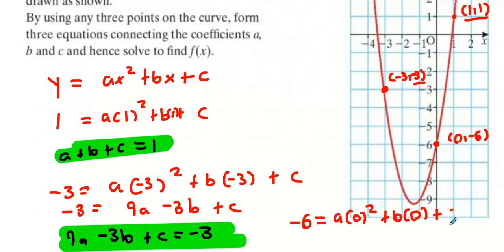Here's a trick, lads. If you can pick a 0, always pick it. Do you get what I'm saying? If you have the choice of 5 or 6 good points, if there's any of them that have zeros in it, take them. Because look what happens here. We find out straight away that c equals minus 6. And then we just recycle it back into the other two equations and we do what we did the last couple of times.